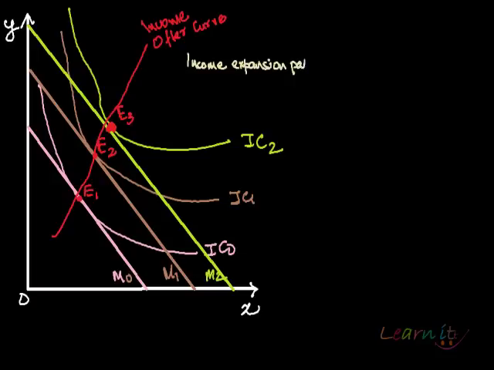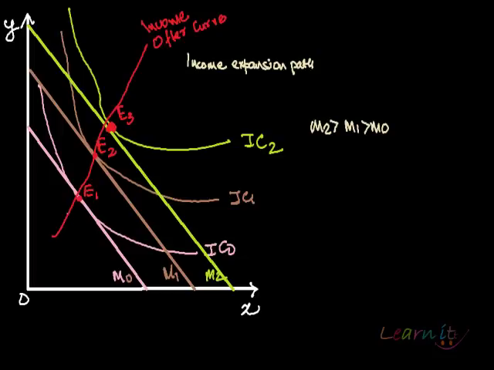So what we have gathered is that you have different budget lines drawn at different income levels, M0, M1, M2. Of course M2 is greater than M1, which is greater than M0, and that is why there is a parallel shift of the budget line. For each budget line there is a different indifference curve, and the point where the indifference curve is tangential to the budget line gives the point of equilibrium.